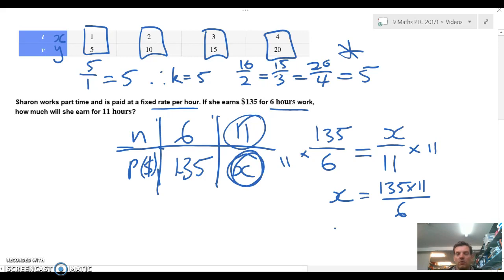And when we put that into our calculator, we end up with x equals 247.5. So therefore, Sharon, working her part-time work for 11 hours, is going to be paid $247.50.